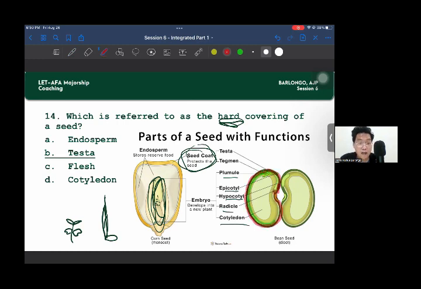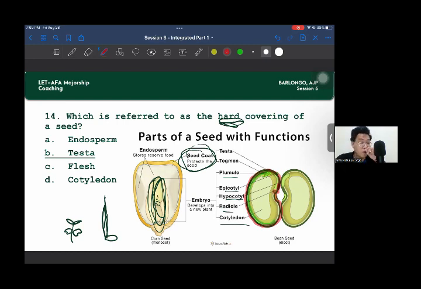So, kaya siya hard kasi dapat it will protect the endosperm. Kasi yung endosperm, doon magmumula yung growth, doon magmumula yung energy na kailangan ng halaman para tumubo. So, kailangan protektahan ng testa or ng ating seed coat yung endosperm. Kasi kapag nasira yan, the possibility is, number one, hindi magkakaroon ng magandang growth yung iyong seed.